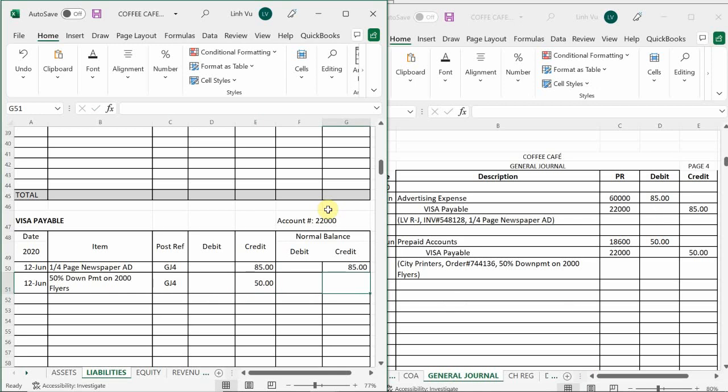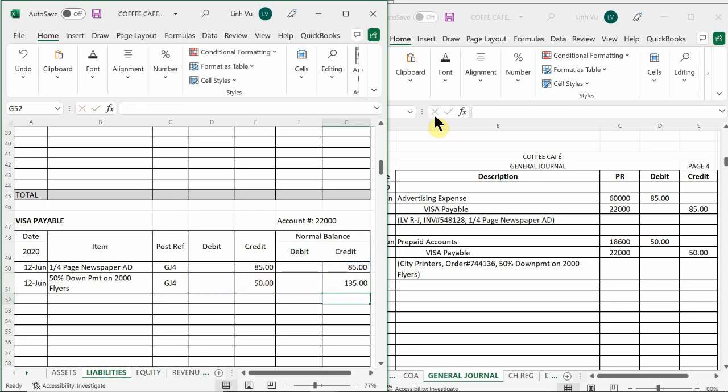So again, this formula, since we're looking at the opposite direction, we have to understand that credits increase liabilities, right? And debits decrease liabilities. So this one is going to be up 1 plus your credit minus your debit. So in this case, it could be up 1 plus left 2 minus left 3.